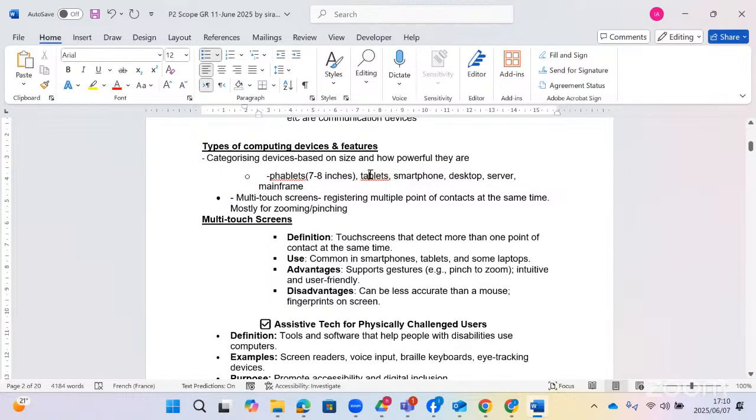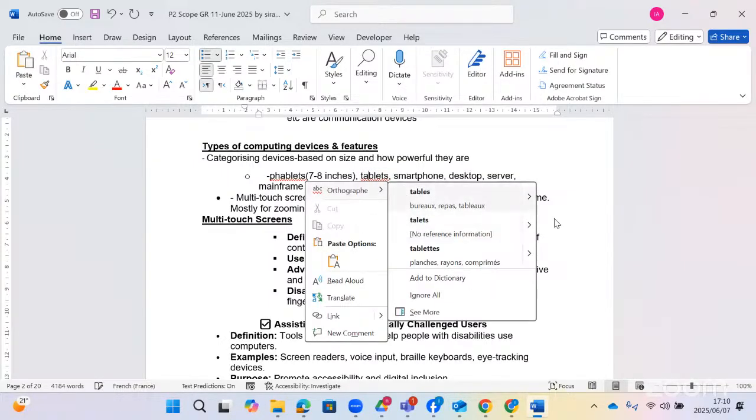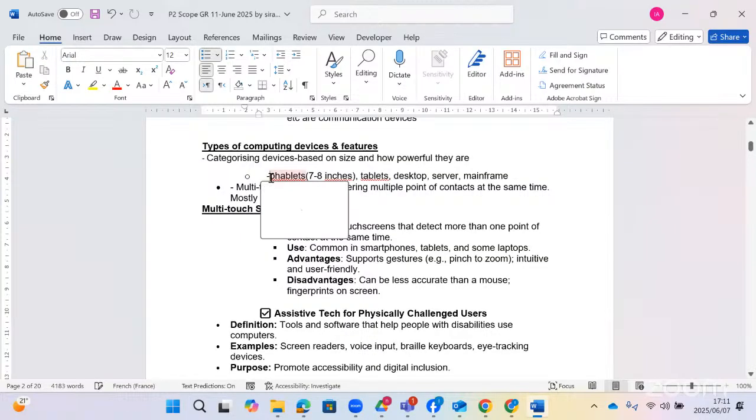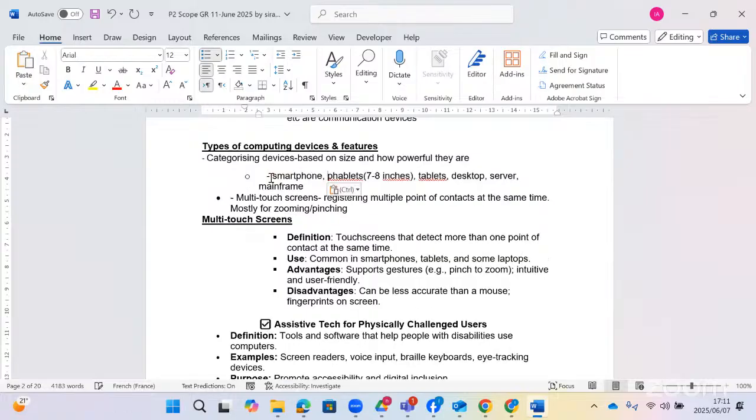And then the tablets are bigger than the phablet, mostly more than 8 inches, like 10 inches, and others. We call it tablet. Then we also have smartphone, which is the smallest one. So if we were to arrange them in ascending order, first one is smartphone, followed by phablet, tablet.